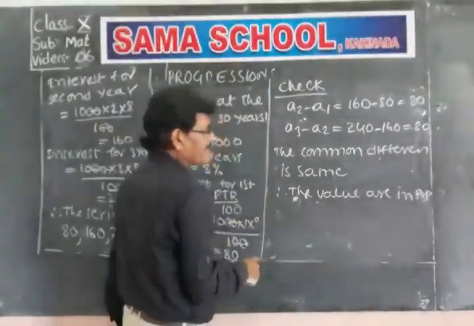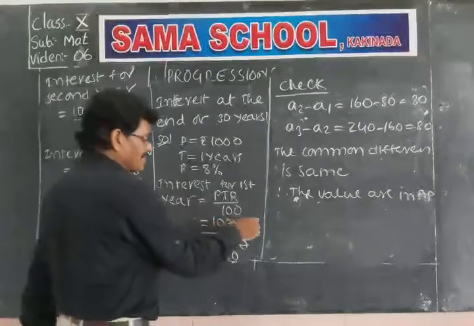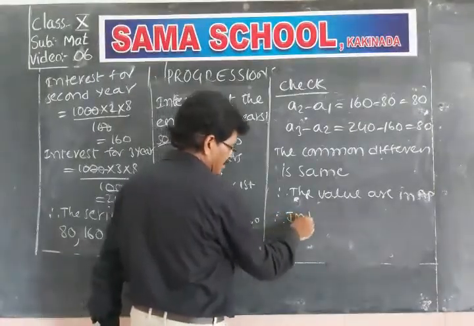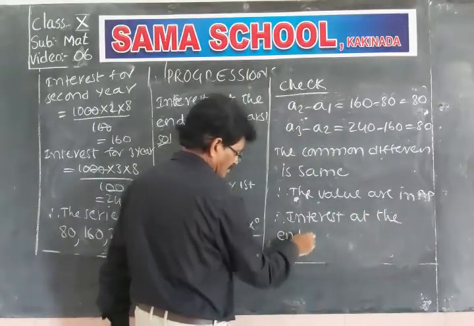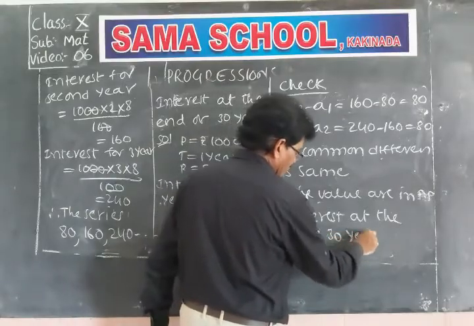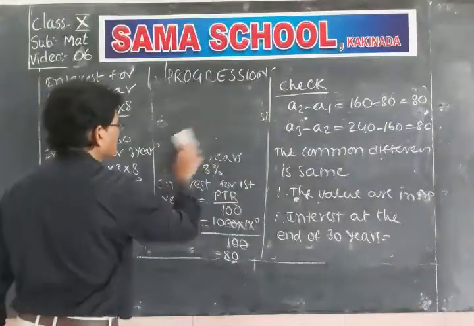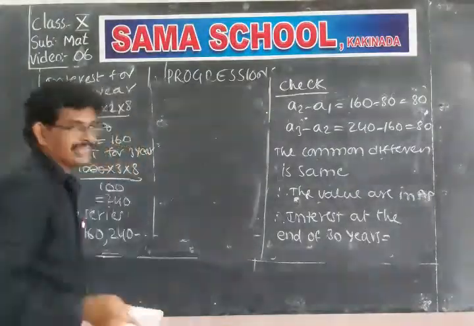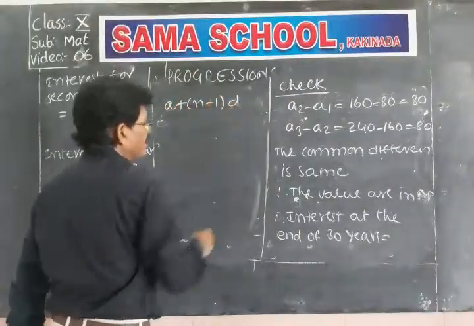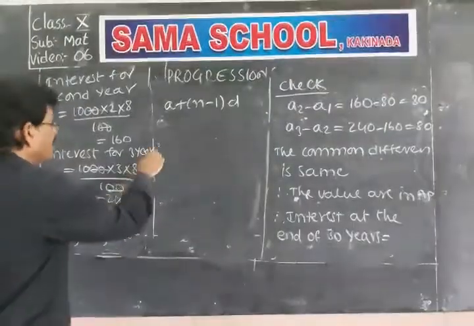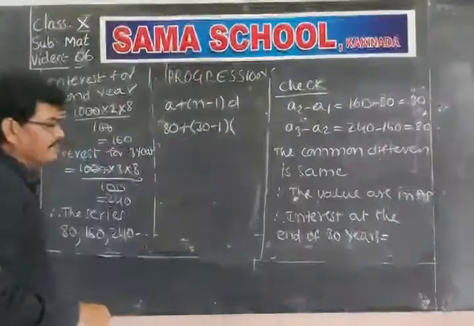Therefore, we can find the interest at the end of 30 years. Interest at the end of 30 years is equal to, using the formula a plus (n minus 1) into d. a represents the first term. First term we already have is 80, plus n is 30 minus 1, into d.